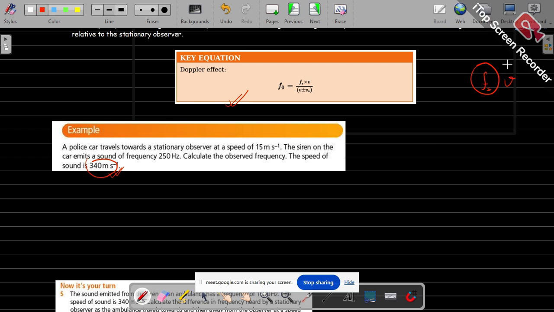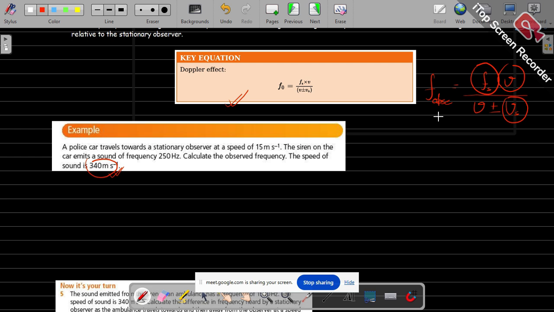Clear? This is the speed of sound, and we are going to divide it with the speed of sound plus minus depending on the situation, and then Vs. This Vs is the speed of source of sound, and this together is going to give us the observed frequency. This F was the original frequency and this Fo is the observed frequency.